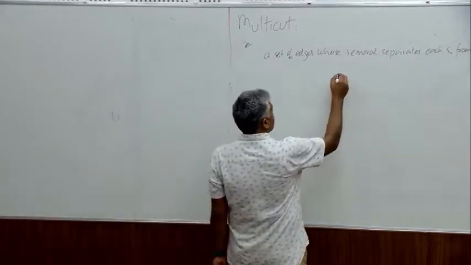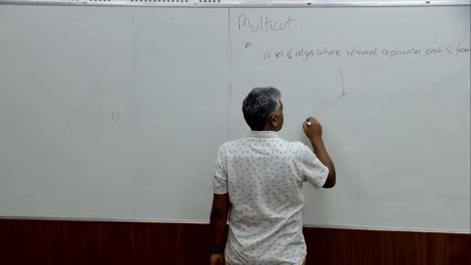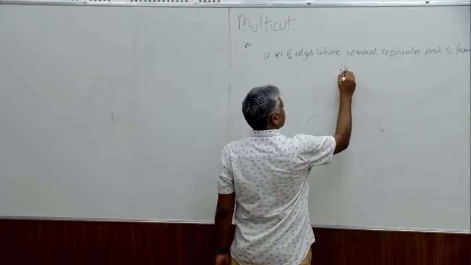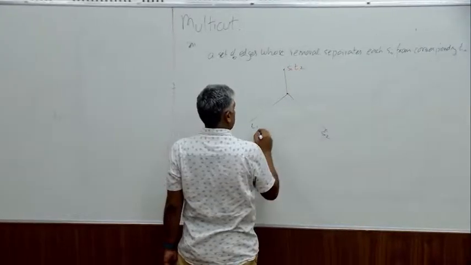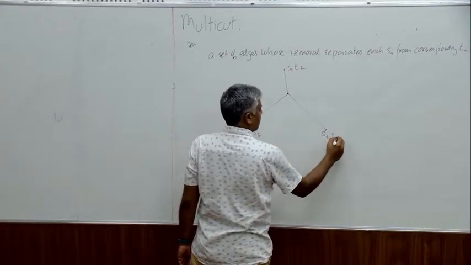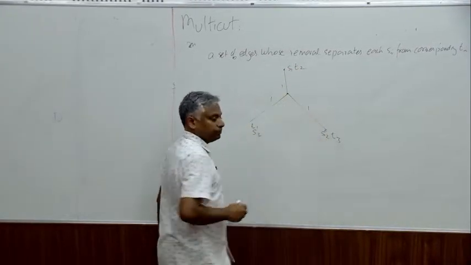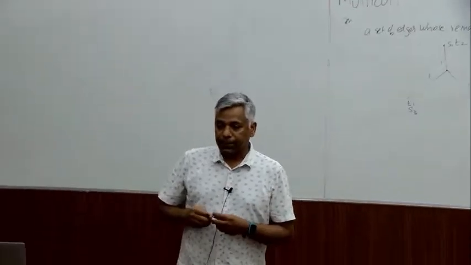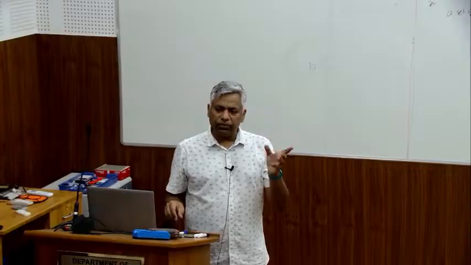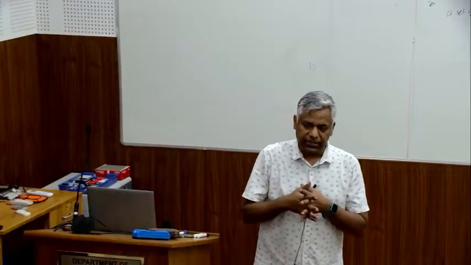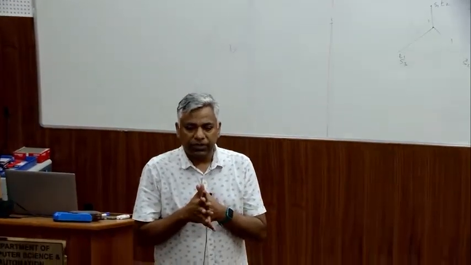Okay, let's take a simple example, and this example will be with us for some time. S1 T1, S2 T2, S3 T3. All capacities are 1. Who can tell me what's the maximum amount of flow I can send between these pairs?